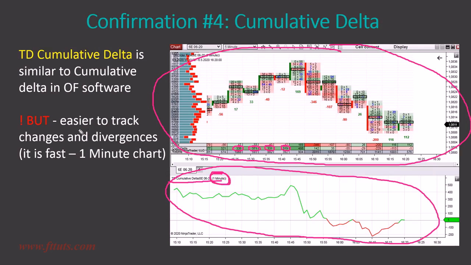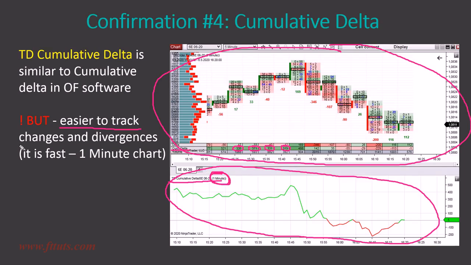So the changes in delta, the changes between aggressivity of buyers and sellers are way easier to track because it's fast. You don't need to wait for another footprint to show you how the delta changed, but you see it immediately on this line delta, alright?